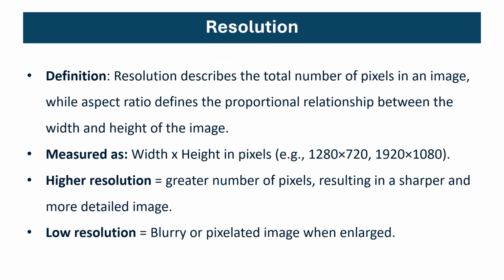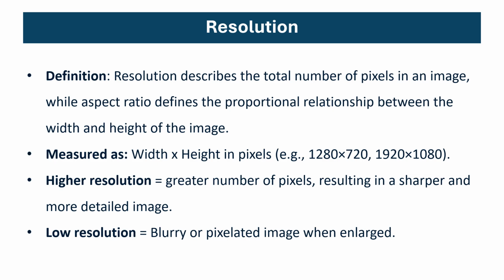Another thing to understand in a digital image is resolution. So what is resolution? Resolution describes the total number of pixels in an image. You will see earlier about the aspect ratio, because we can get confused between the resolution and the aspect ratio. Aspect ratio only defines the proportional relation between the width and height of the image. We talked about resolution in the previous slide, that the pixels contribute to the overall quality of the image.